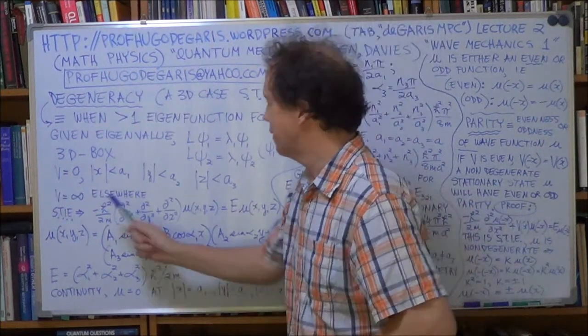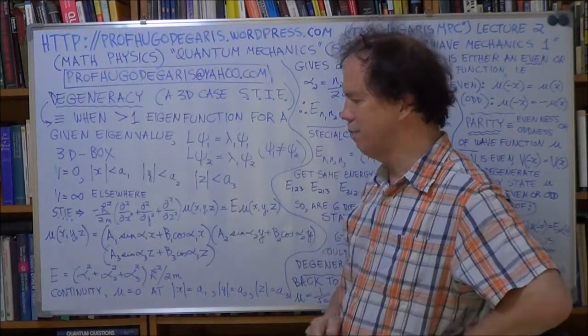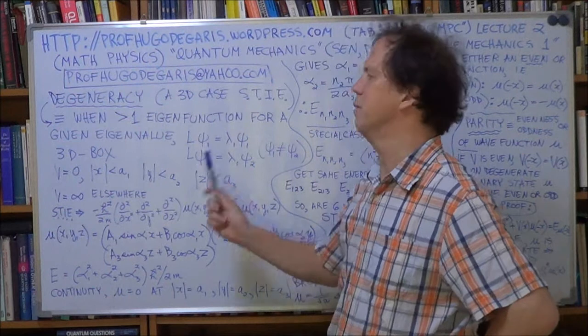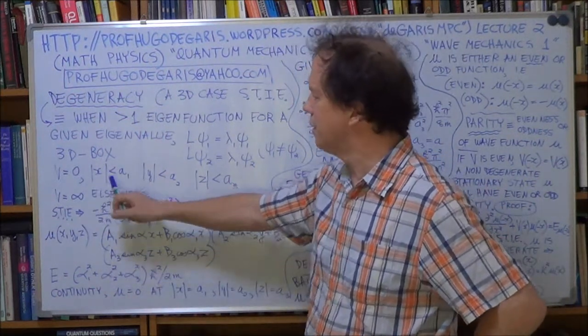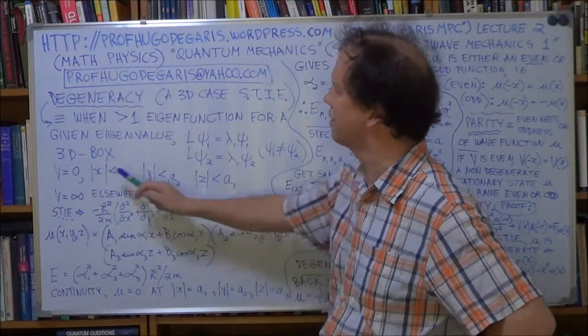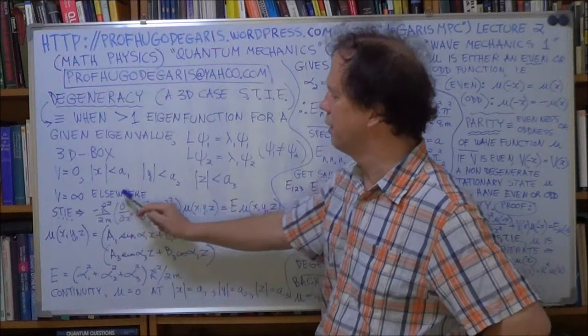Okay, so in conception it's pretty similar to the previous session's case, but now in three dimensions. Here the potential's nothing inside this three-dimensional box, and the potential's infinite elsewhere.